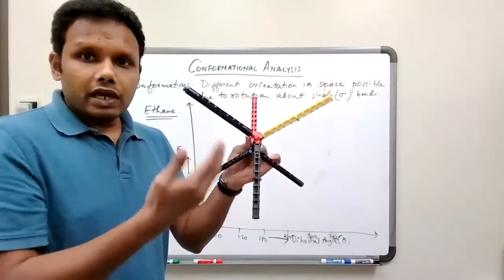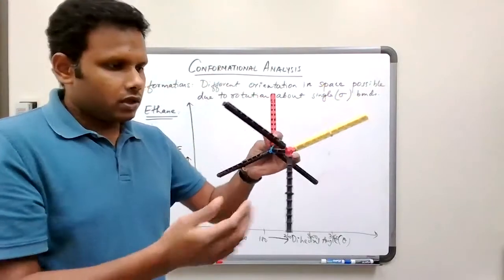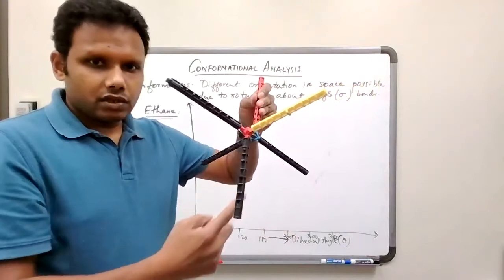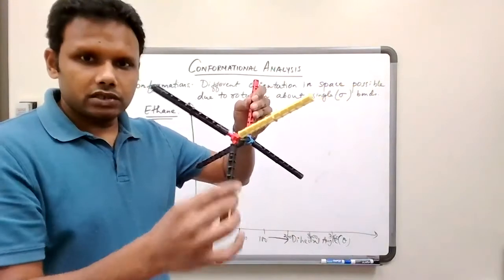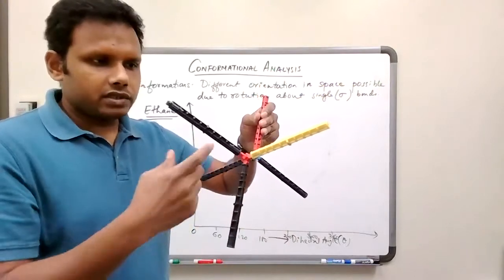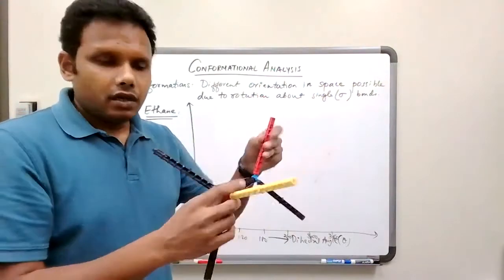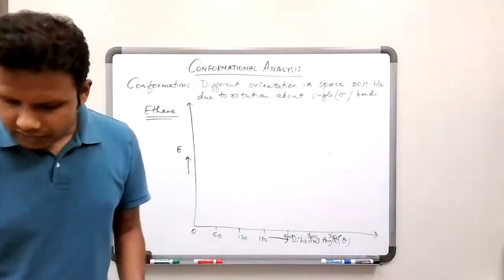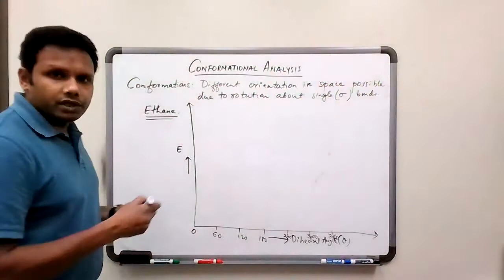That overlap stabilizes the molecule, and it would be the same on the opposite end, because there would be sigma star coming down here and sigma electrons here, and they would interact and stabilize. And it's true for every bond actually. So that interaction stabilizes the staggered conformation.